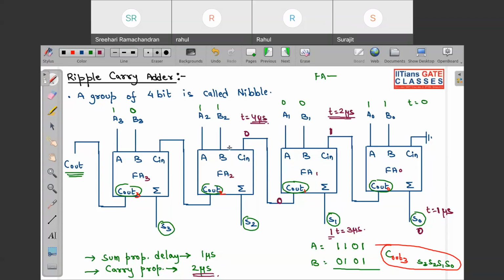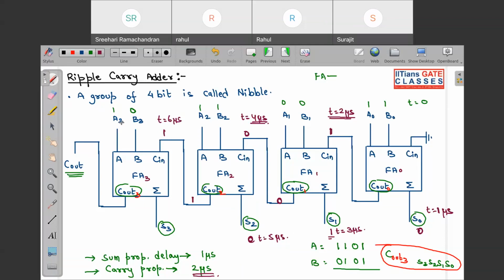So at 4 microsecond, the input of full adder 2 is complete, we have all the inputs. So S2 will be equal to 0 after 5 microsecond, and Cout will be generated after 6 microseconds, so that will be 1. So full adder 3 will get this one at 6 microsecond.